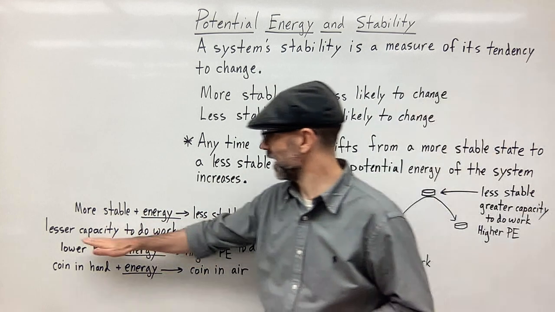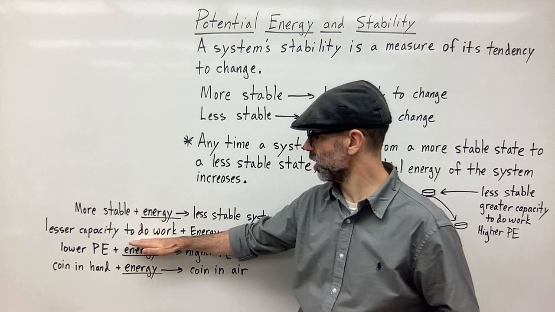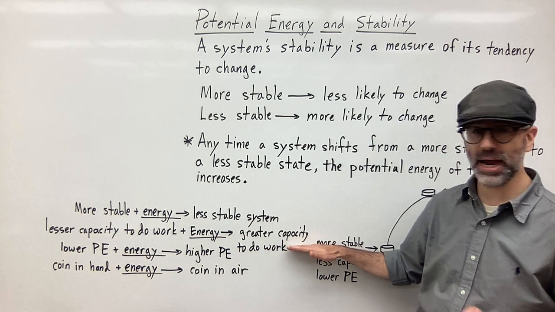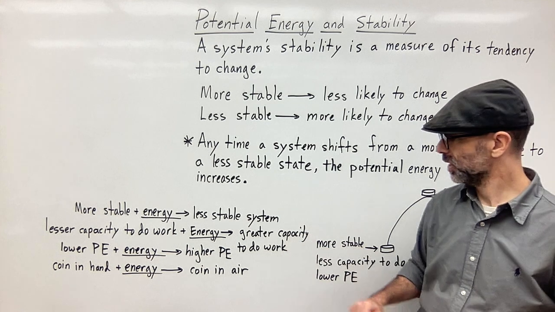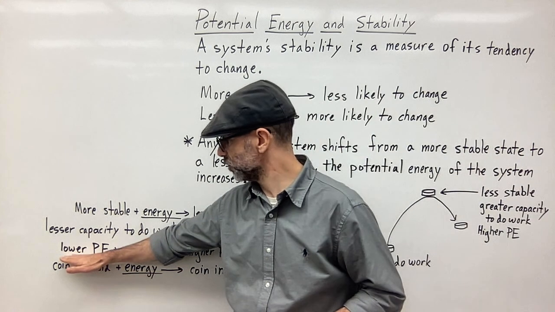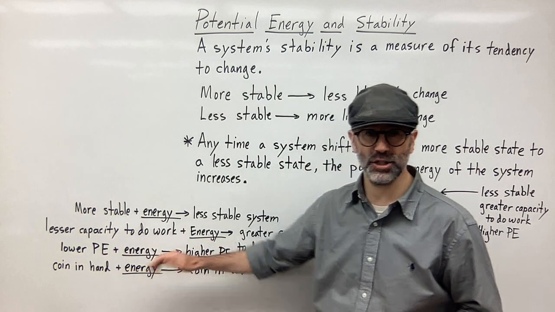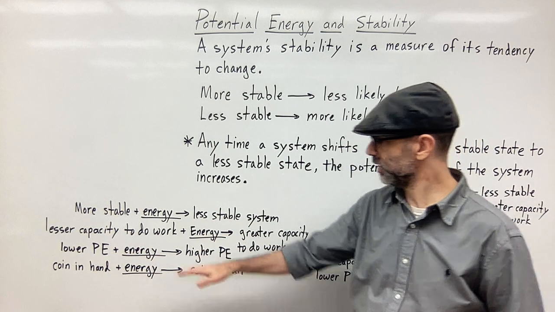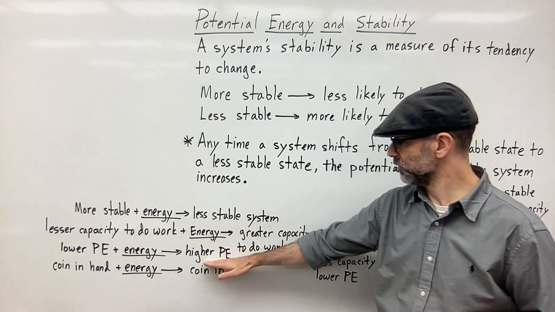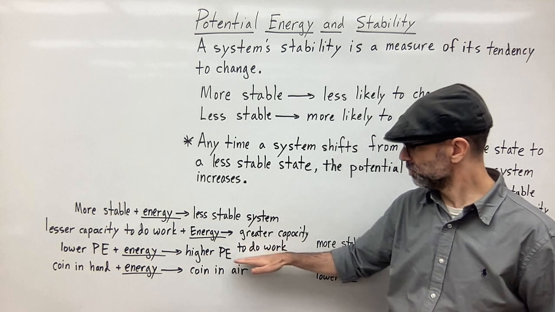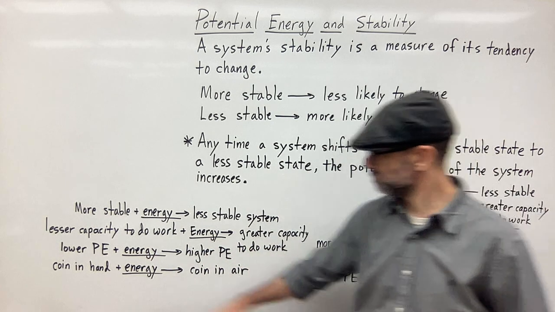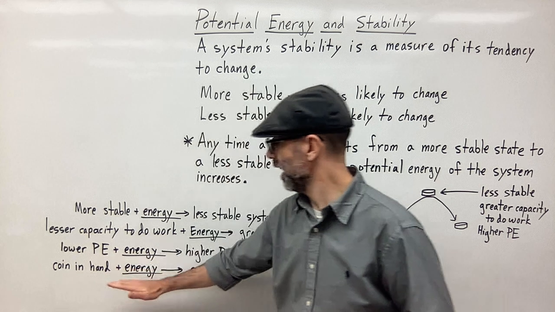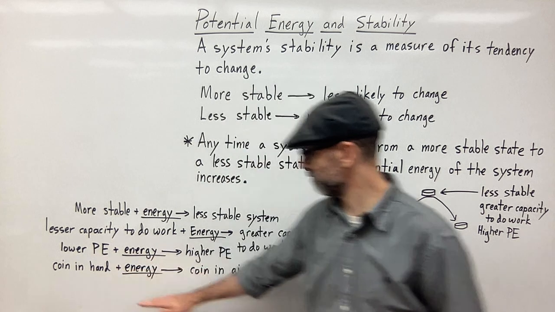If you have a lesser capacity to do work and you gain energy, that means you're going to have a greater potential to do work. If you have a lower potential energy and then you gain energy, like the flipping of the coin, right? I added energy to the coin, then you're going to have a higher potential energy as well. And then the coin in the hand, again, my example, I add energy to that coin by flipping it.